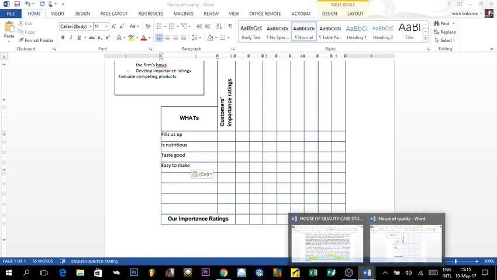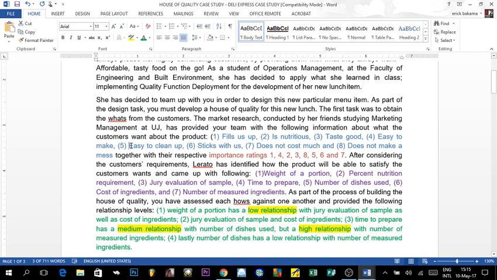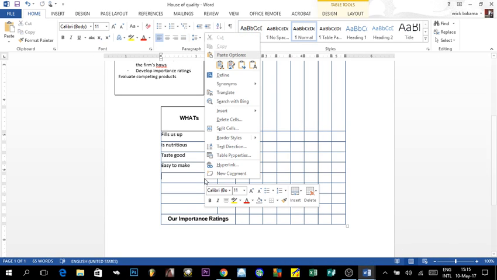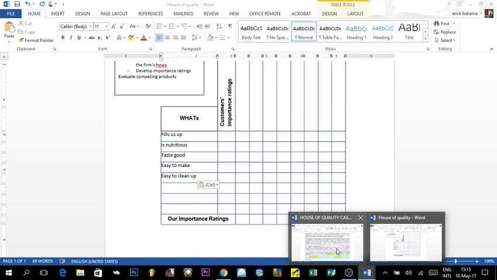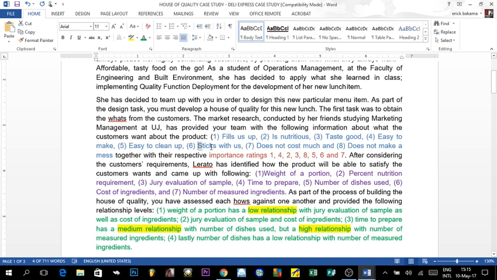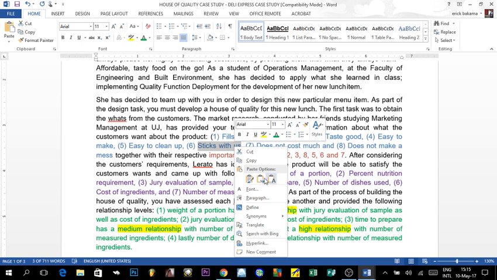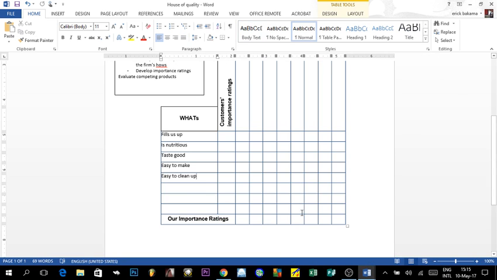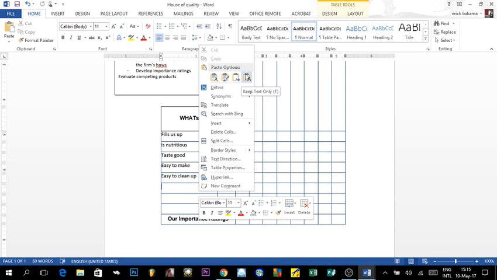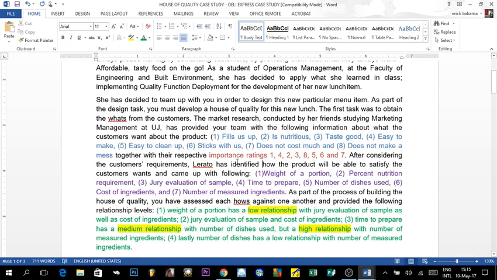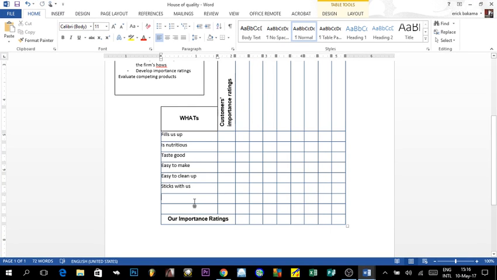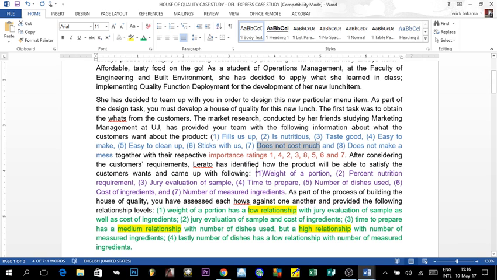And after that they also want a food that is easy to clean. Next, they also want a food that sticks with them. Actually, they're students, so they want something that's just simple. And then they also want something that does not cost much, and then something that does not make a mess.